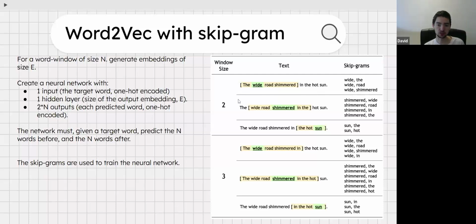This is for a window size of 2. With a window size of 3, we get more words that we want to predict, so more training data. So with a larger window size, you'll have more training data. Based on the word shimmered, we want to predict that the 3 words before are the, wide, and road, and the 3 words after are in the hot, assuming the sentence is "the wide road shimmered in the hot sun."